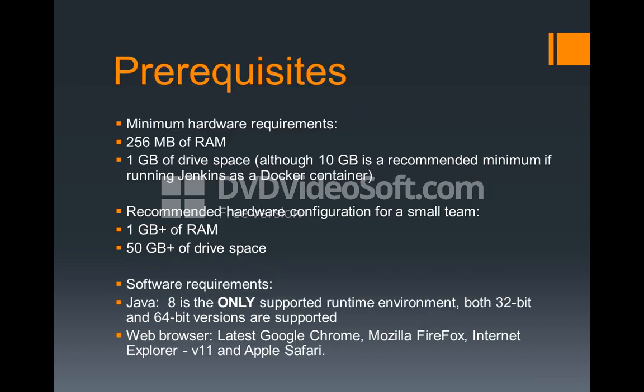Prerequisites to install and configure: the minimum requirements are 256 MB of RAM and 1 GB of hard drive space, although 10 GB is recommended if running Jenkins in a Docker container. For a small team, 1 GB plus of RAM and 50 GB of drive space is sufficient to run Jenkins. Software requirements: Java 8 is the only supported runtime environment.